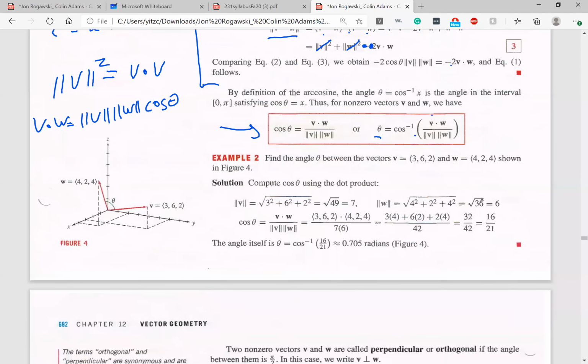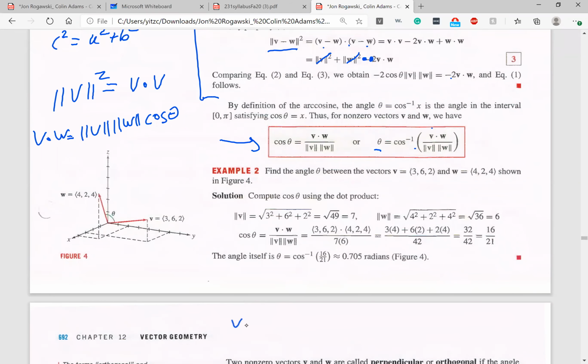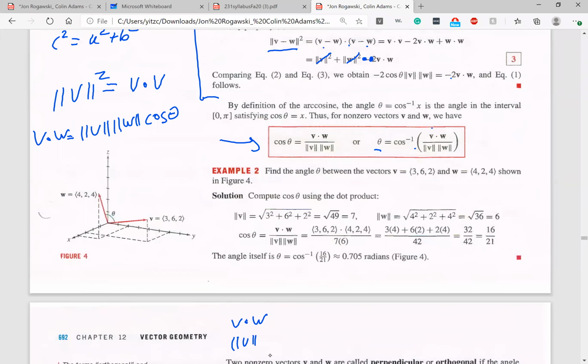So in order to find the angle between them, we need to know 3 things. We need to know what V dotted with W is. We need to know what the magnitude of V is. And we need to know what the magnitude of W is. So I'm going to put that over here.